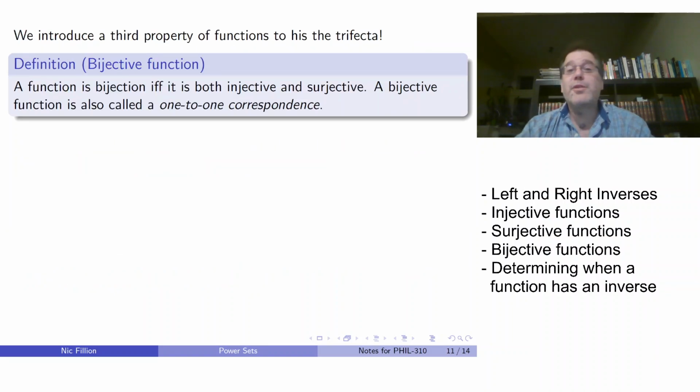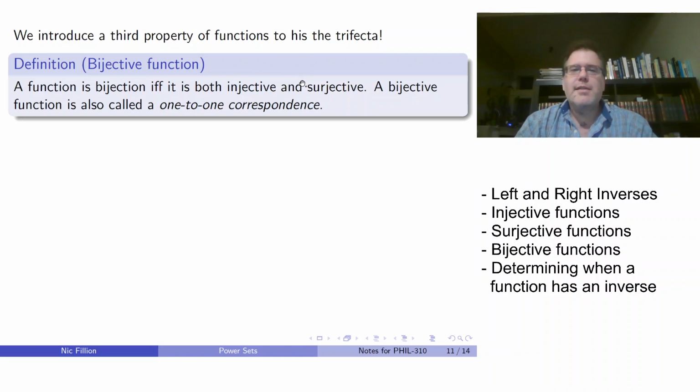Now, I just want to introduce a third property of functions, just so we hit the trifecta. And that's going to be called being a bijective function, or a bijection. A function is bijective, or is a bijection, if and only if it is both injective and surjective.